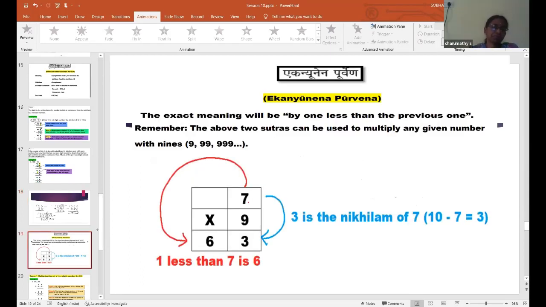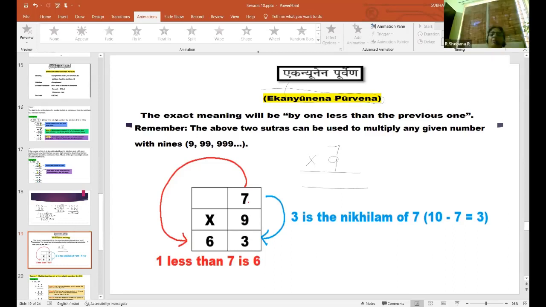So here, teachers, you have a multiplication problem, 7 into 9. Now we'll go to the meaning of the sutra. We use a new sutra called Ekanyunena Purvena. Ekadhikena means one more than the previous one. Ekanyunena means one less than the previous one.